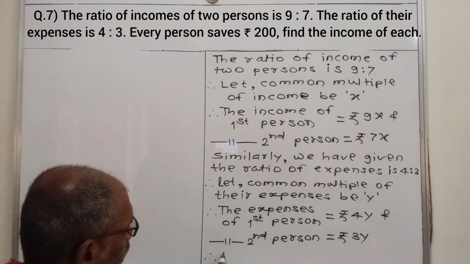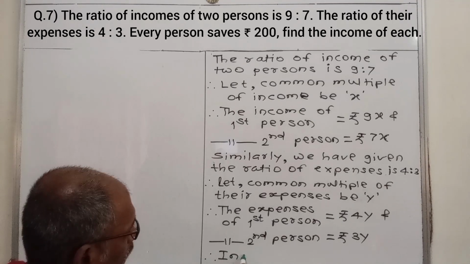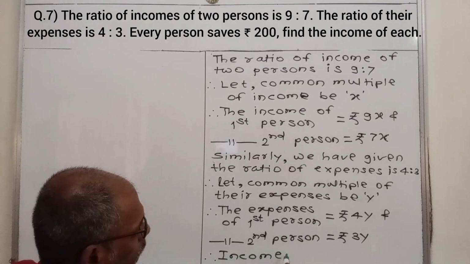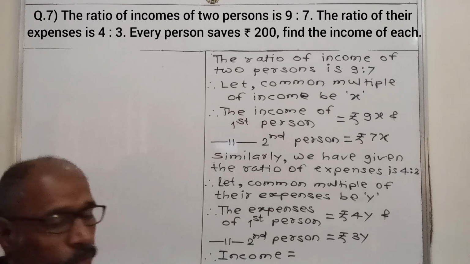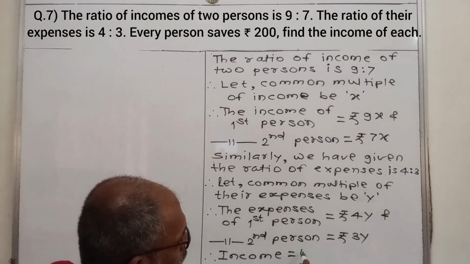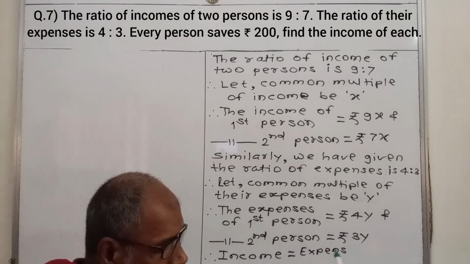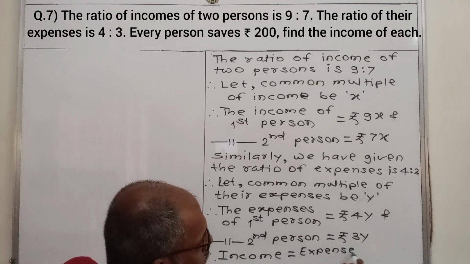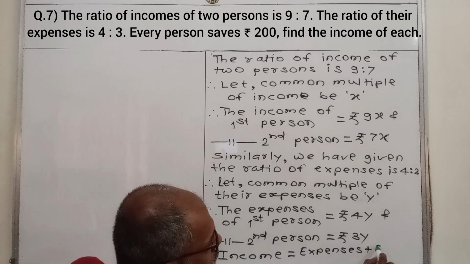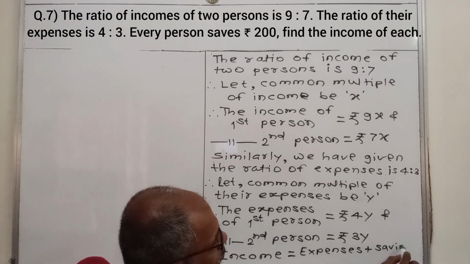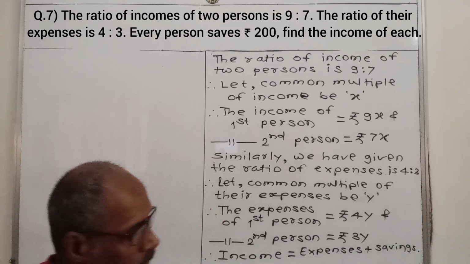Therefore, general formula: income is equal to expenses or expenditure plus savings. Did you get it?